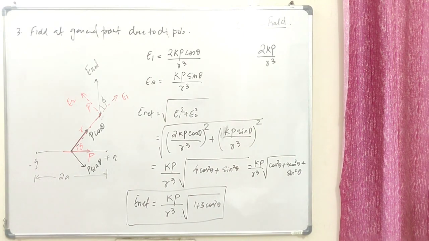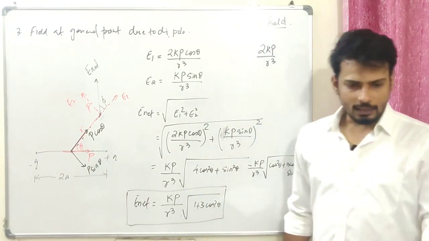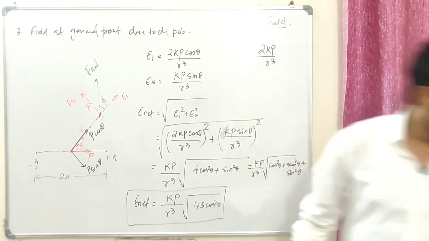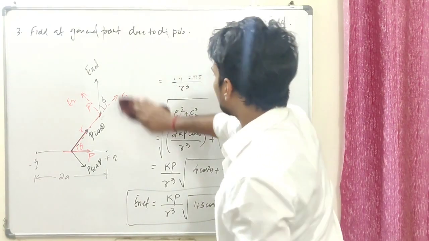Now, theta is the angle between the dipole and the point, which is general. Now let's see how we can use it conversely to find the field on the axis as well as on the perpendicular bisector. Let me quickly make a little bit of space over here.